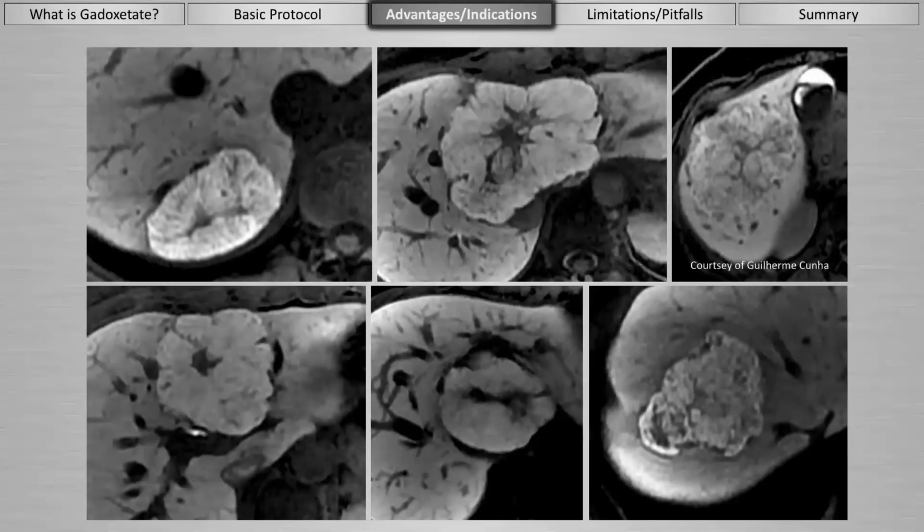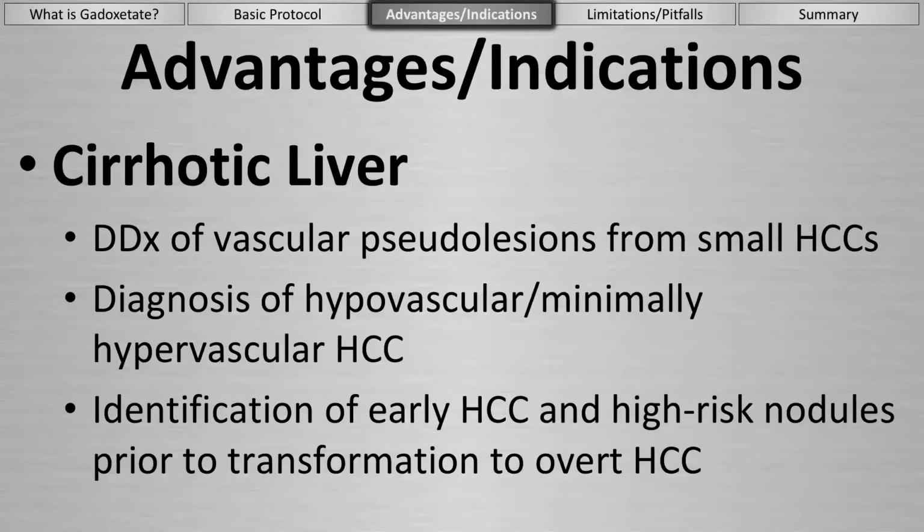So here are 6 different focal nodular hyperplasias with EOB. And if you sort of visually memorize this range of different architectures, this will help you in the distinction between FNH and the rare dysplastic hepatocellular adenoma that takes up EOB.